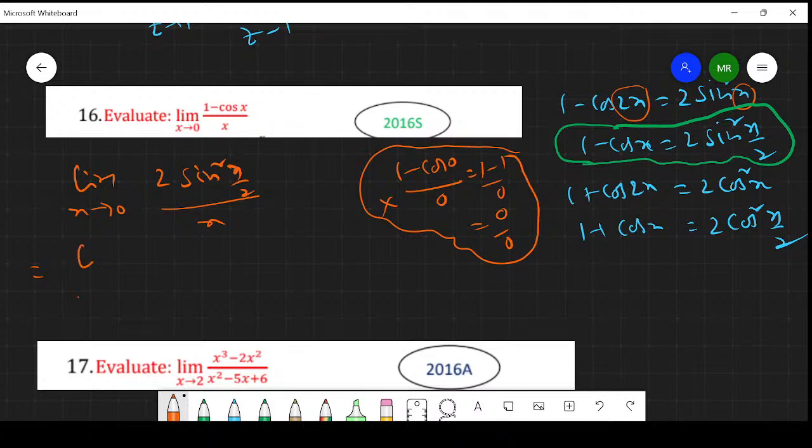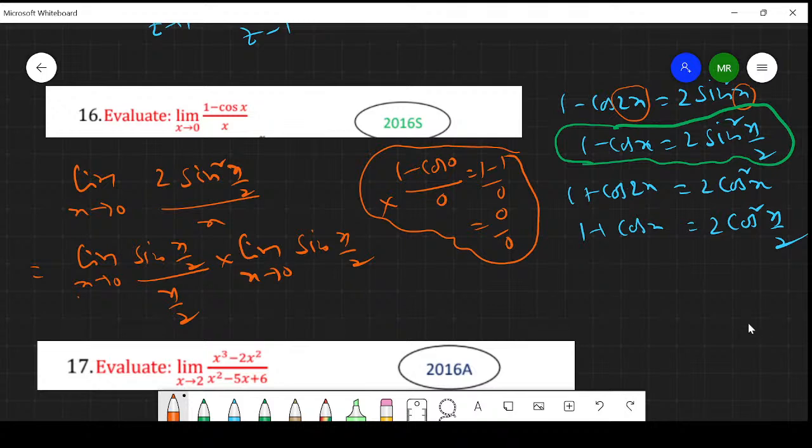Limit x tends to 0, I can write sin (x by 2) by (x by 2), because this 2 I can write as x by 2, into limit x tends to 0 sin (x by 2). Sir, how did you get this 2 here? You divide 2 by 2, that's all. You divide the numerator by 2, the 2 gets cancelled by 2, it comes here.